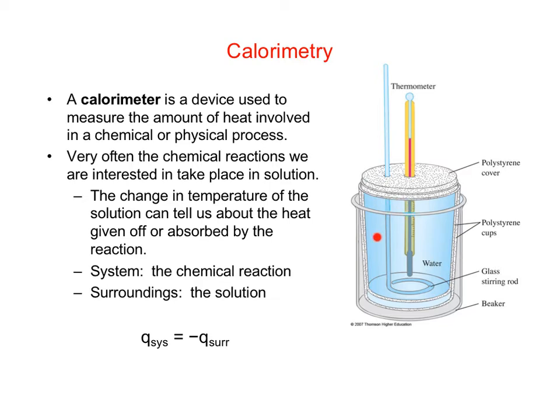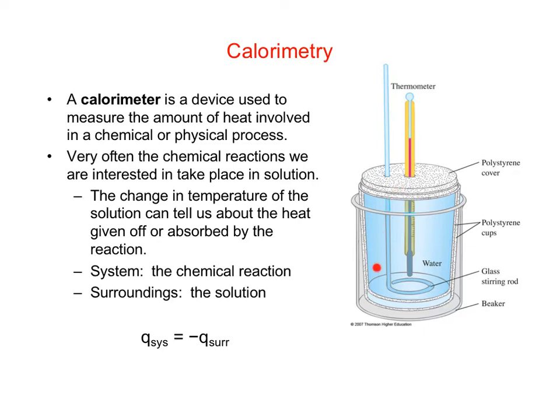If the temperature of our solution goes up, that means the surroundings absorbed energy and the system, the chemical reaction, gave off energy. That would be an exothermic process. Whereas if the temperature of the solution goes down, the surroundings lost energy, so the system must have gained energy, and that would be an example of an endothermic reaction.